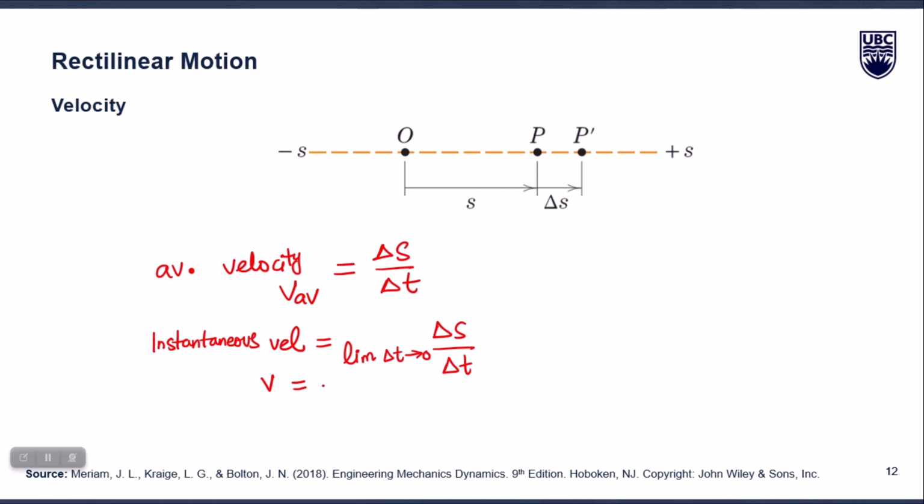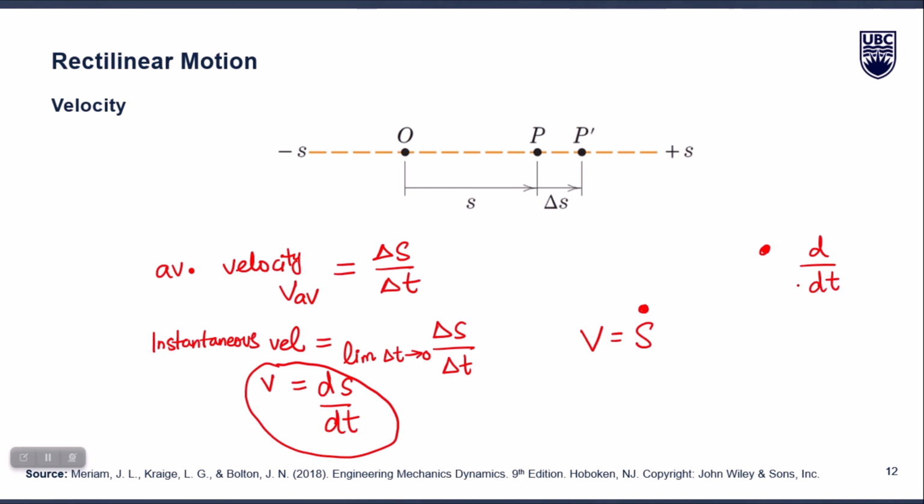S dot is simply the first derivative of any quantity with respect to time, right? So if I say s dot, which means ds by dt, right? So again I would repeat, average velocity will be delta s by delta t, while the instantaneous velocity will be simply the first derivative of displacement with respect to time. A more convenient way to write the same thing will be v is equal to s dot.